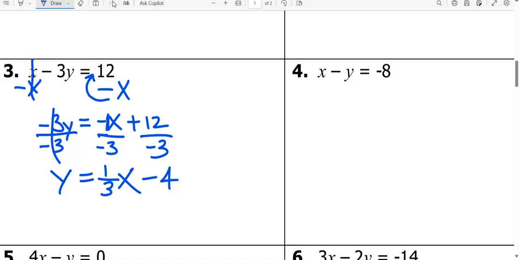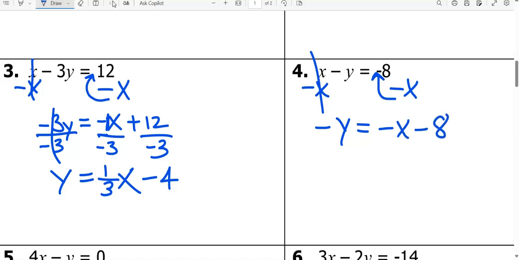Once again, same idea. What do I get rid of first? The x. It's positive, so I'm going to minus x, and squeeze it in front right there. Careful, what's in front of this y? A negative. A negative y equals a negative x minus 8. Now, am I done?